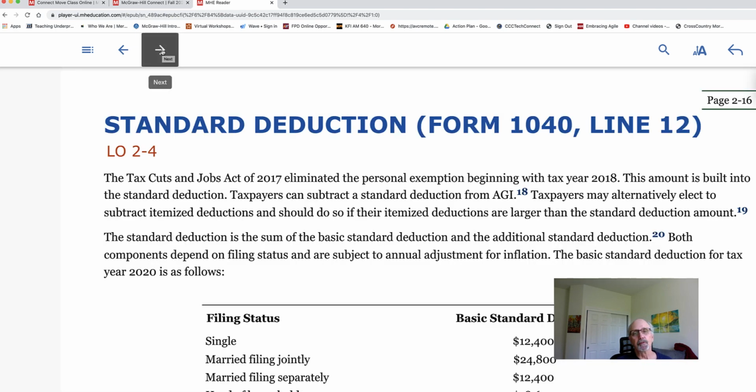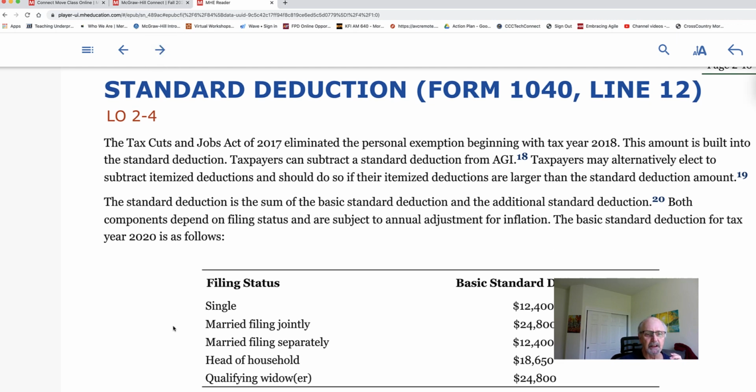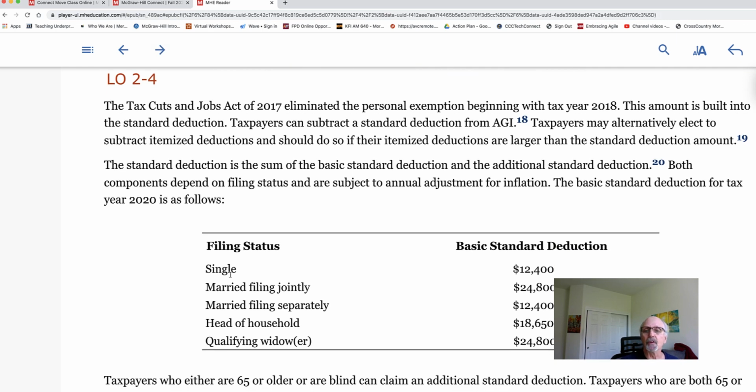Learning objective number 4, the standard deduction. Standard deduction is the sum of the basic standard deduction and the additional standard deduction. Both components depend on filing status and are subject to annual adjustment or inflation. So essentially, what we're looking at here, if you're single, your basic standard deduction is $12,400.